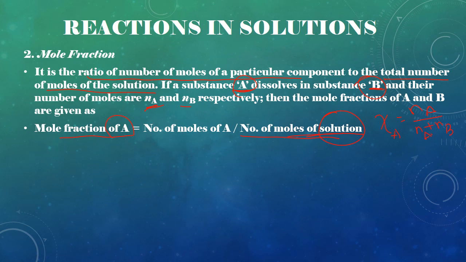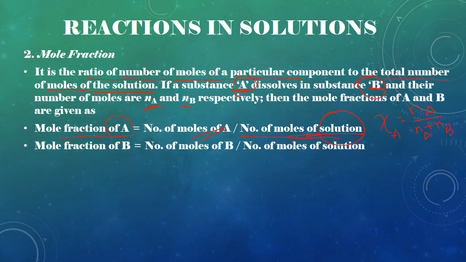That we can get simply by dividing moles of A by total number of moles in the solution. Similarly, for mole fraction of B, we need to divide the number of moles of B by total number of moles of the solution. So that can be written as Nb divided by Na plus Nb.